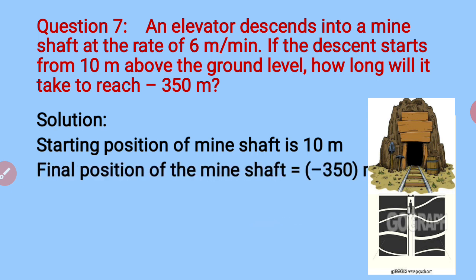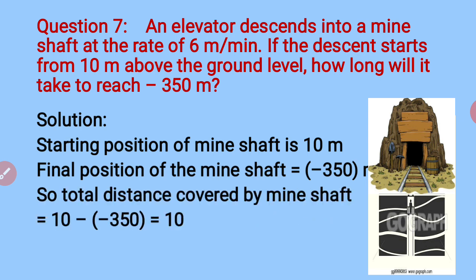Final position is -350 meters. So now we are going to find the total distance travelled. That will be 10 minus -350 because it's going down. So when we solve it, it will be 10 plus 350, that is total 360 meters. This much the lift has travelled.